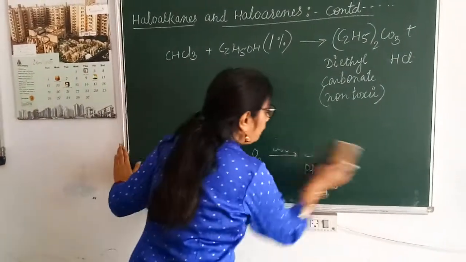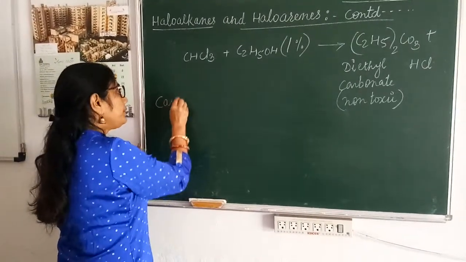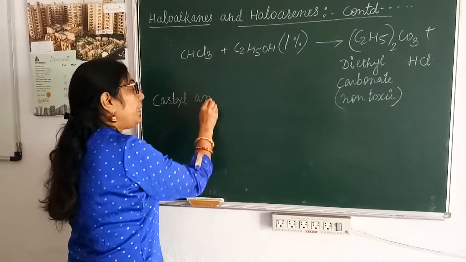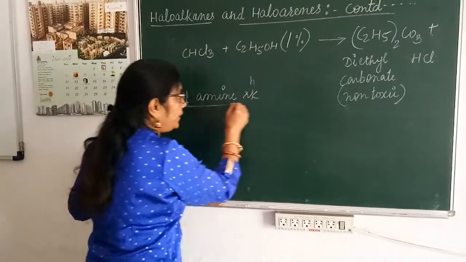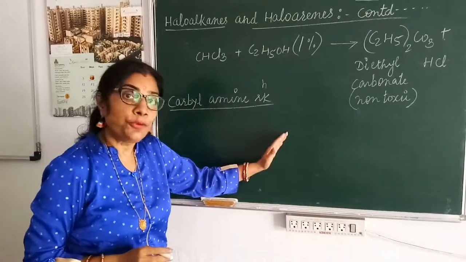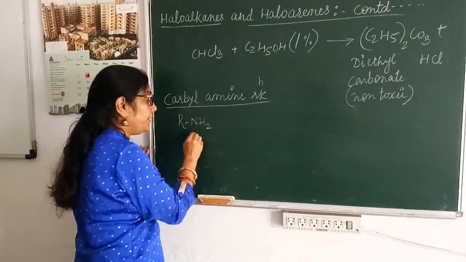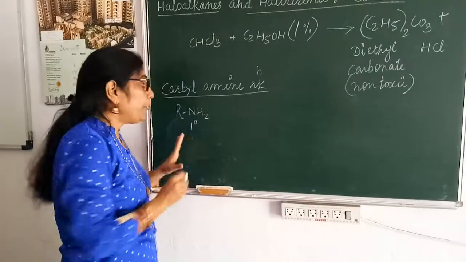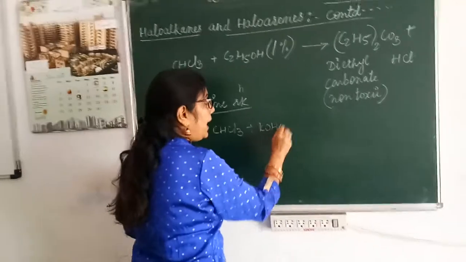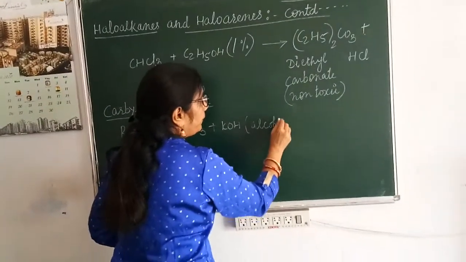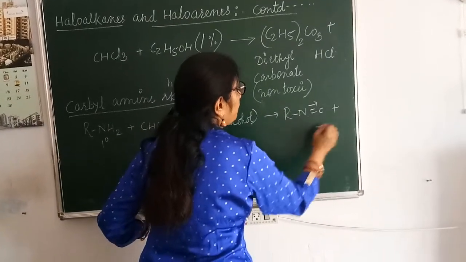Apart from this, one important reaction given by chloroform is the carbylamine reaction. However, we are going to study this reaction in detail in the amines and diazonium salts chapter. What happens is that all 1-degree amines, whether aliphatic or aromatic, when treated with chloroform in presence of alcoholic potash, form offensive smelling isocyanide.